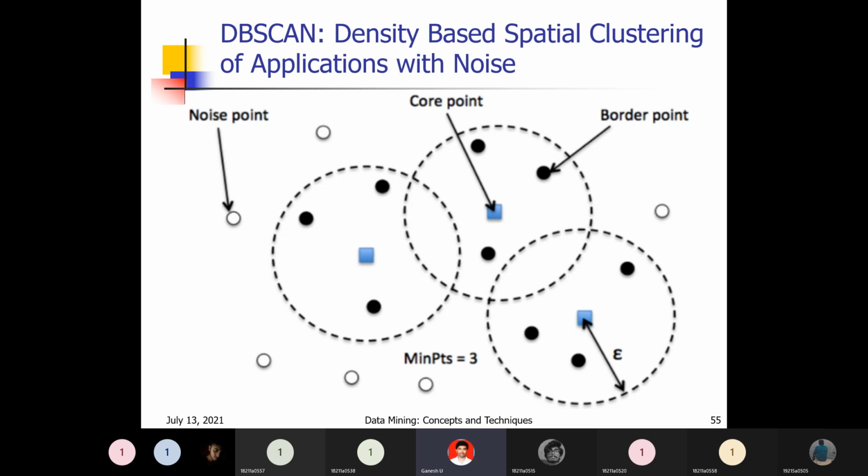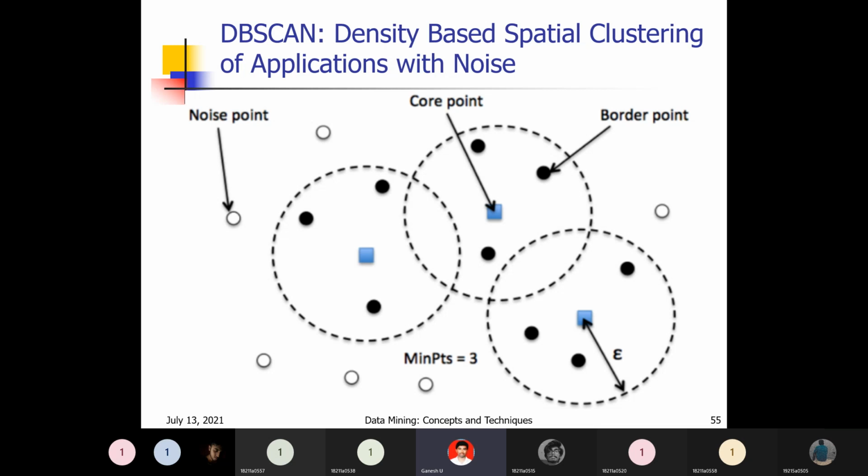Then what is the difference between a noise point and a border point? That we will see. If a point is in any circle, and with that particular object we are not getting 3 other points with epsilon radius, then that is a border point.